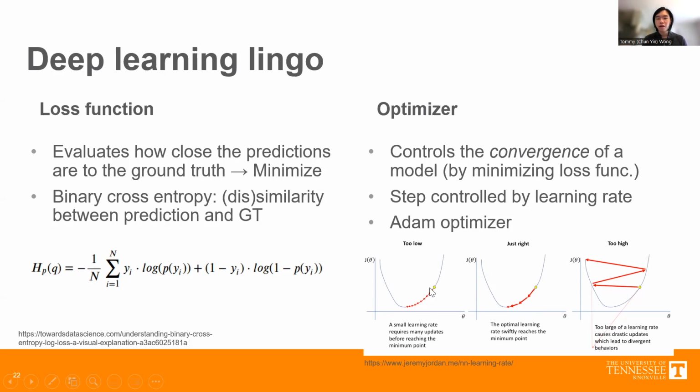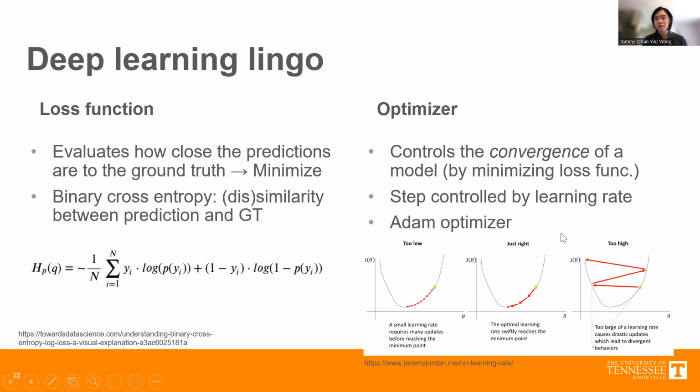If your learning rate is too small, that means your steps are too small, then it will take forever to converge. It will get there eventually, but it might take a lot longer. On the other hand, if your learning rate is too high, it simply will fail to converge. It will bounce around that minimum, and it will actually shoot out of that minimum, and it will never converge.